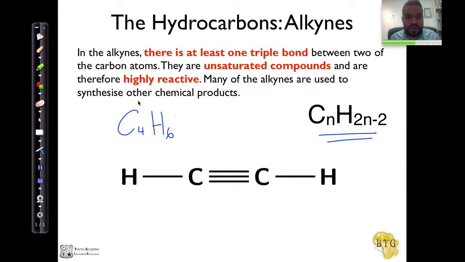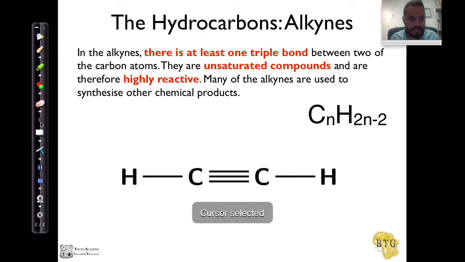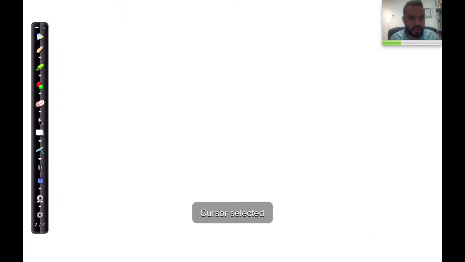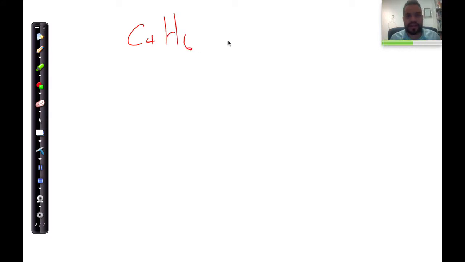So I'm going to work on this example, C4H6, on the next page. Let's see what C4H6 looks like, according to the general formula that we've looked at, CnH2n minus 2.